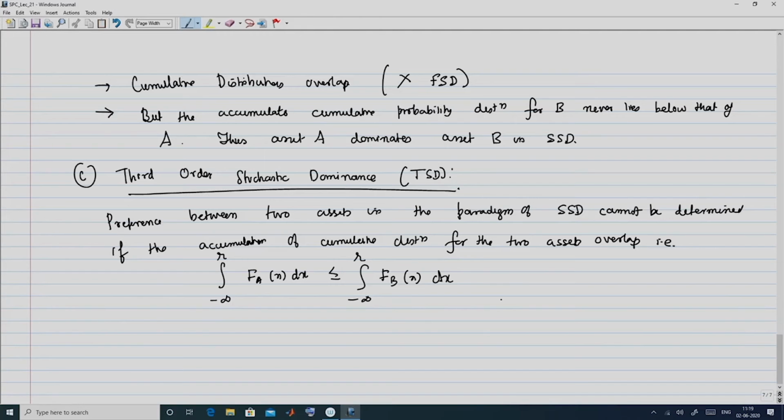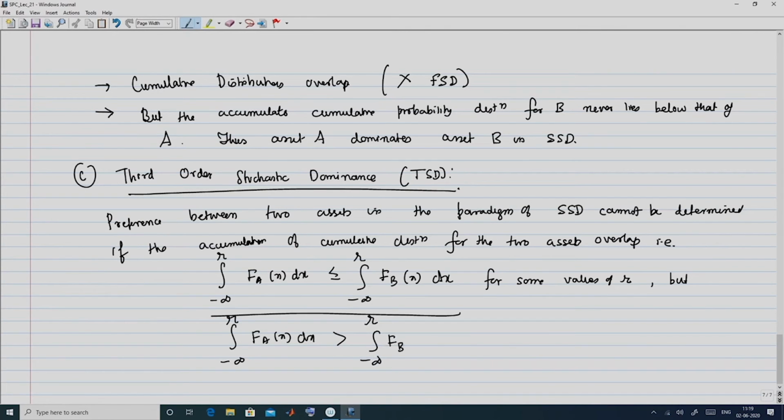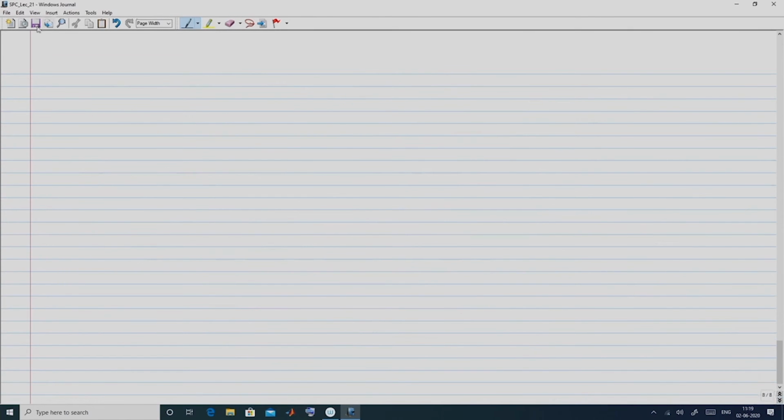But if it turns out that this is not the case, that is there is an overlap, in the sense that this inequality holds for some values of r in the range, but the opposite holds, that means the integral from minus infinity to r of f A of x dx is greater than the integral from minus infinity to r of f B of x dx for other values of r, then obviously we are no longer in a position to make use of the SSD criteria. So, it is under this circumstance that we resort to the TSD criteria.